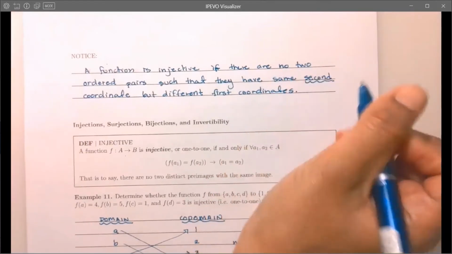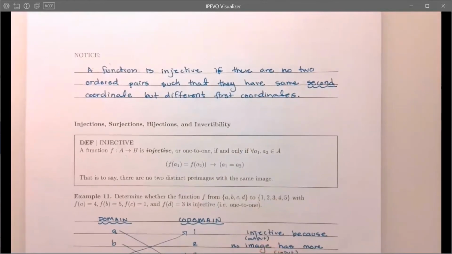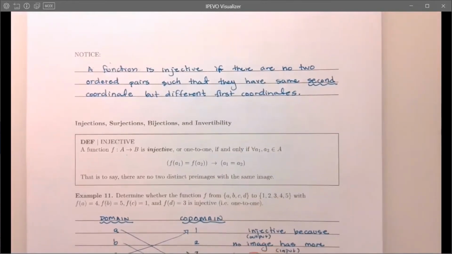And so just be careful, because this is actually very similar to the definition of function, right? In the definition of function, we said a relation is a function if there are no two ordered pairs with the same first coordinate but different second coordinates. So that means there is no one input that gets mapped to two different outputs.